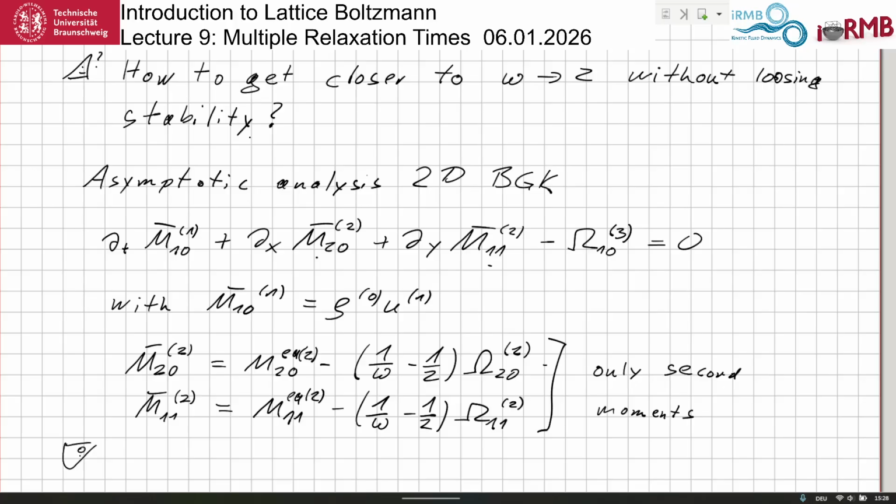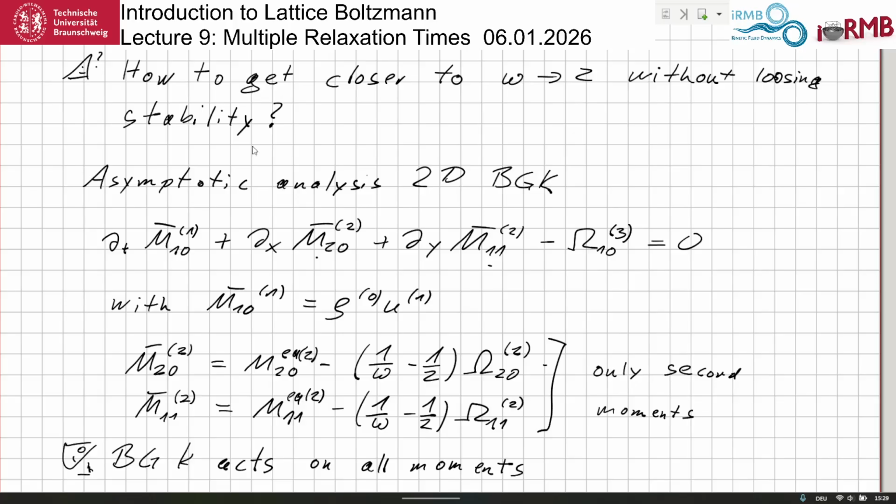Because in BGK it acts on all moments. Actually, you could say that's a good thing, because otherwise we don't know what to do with the other moments. But we are being lazy here. We just say, because we don't know what to do, we do the same thing again. But the Navier-Stokes equation does not specify what should happen to the other moments. They are irrelevant.